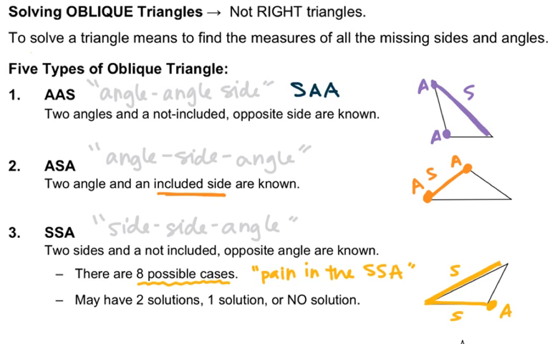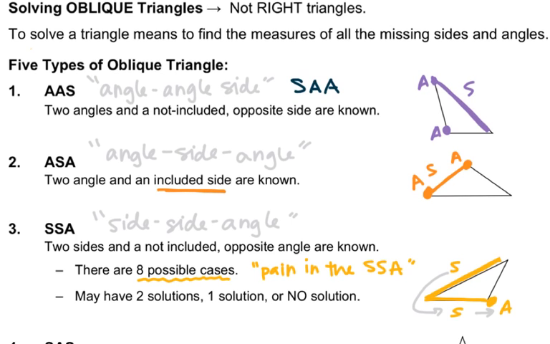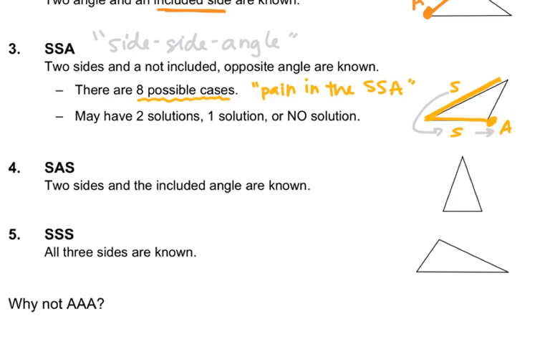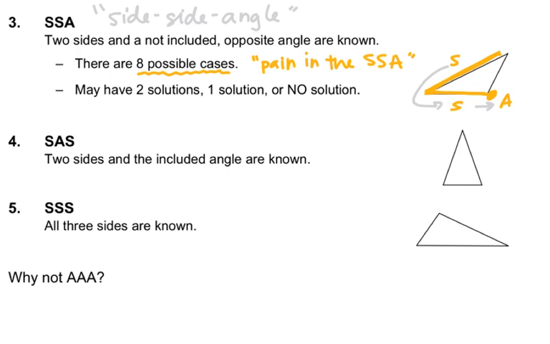Either of those works. And of course, we can orient and turn this triangle around. However, it would still mean the same thing. So we have side, side, angle. So we're going in a kind of consistent order. All right, and like I said, we will talk more about side-side-angle triangles, but you can have a situation with 2 solutions, you can have a situation with 1 solution, and you can have a situation with no solutions. We have 2 other types, SAS.